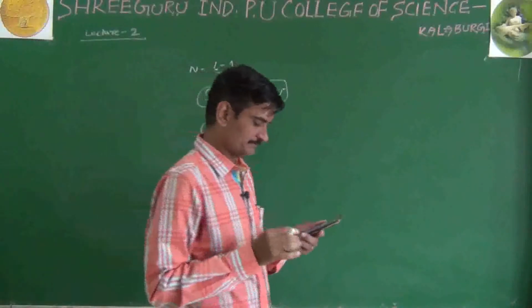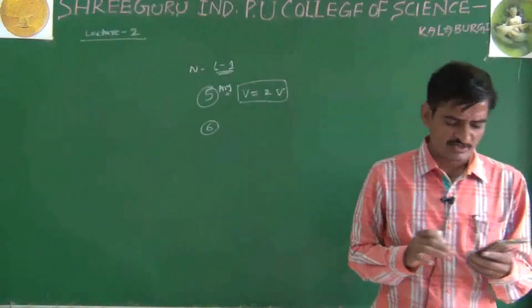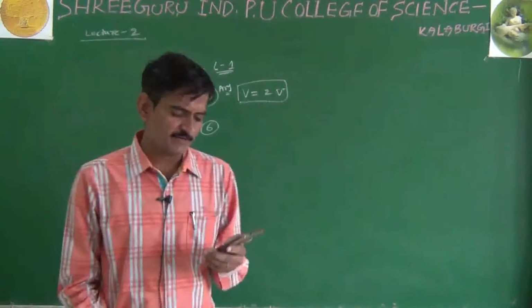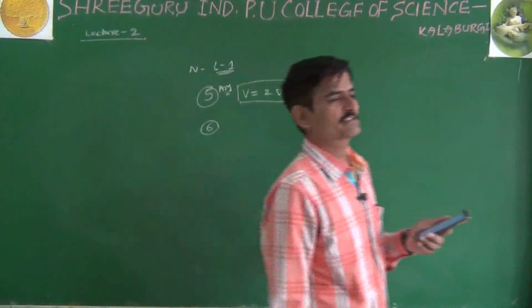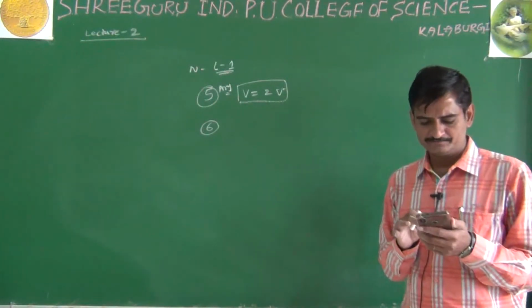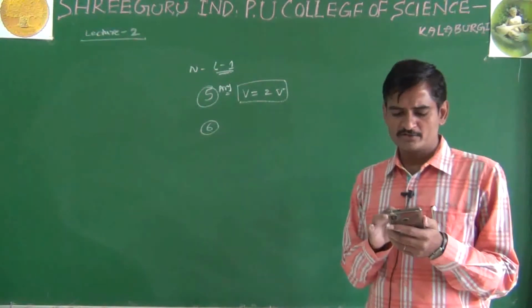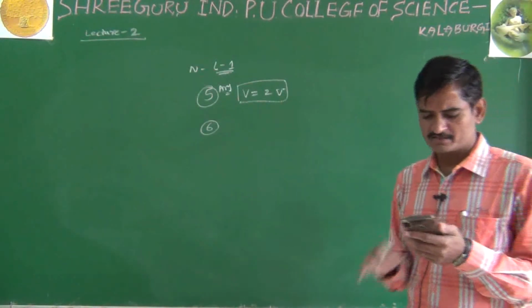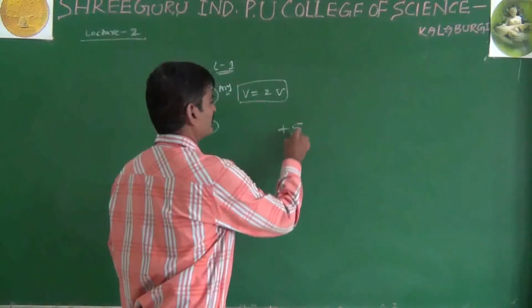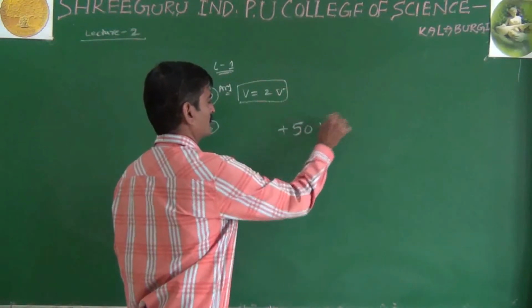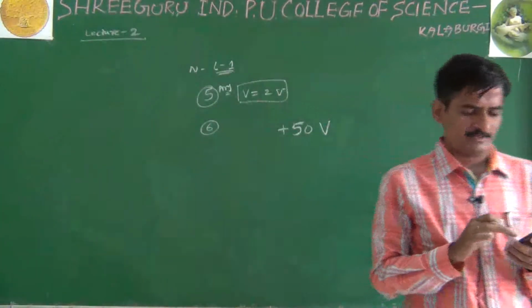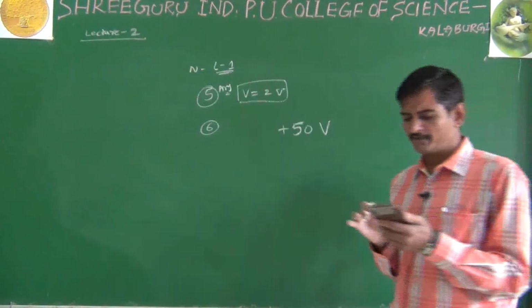The electric potential at 0.9 meter from a point charge is plus 50 volt.